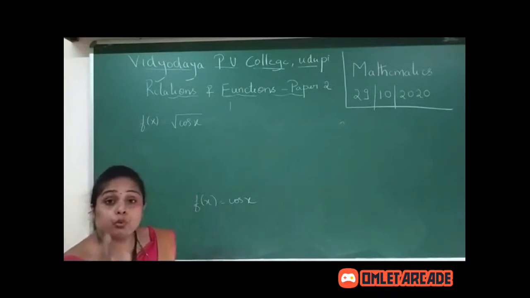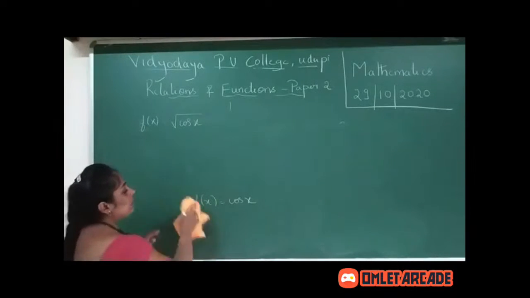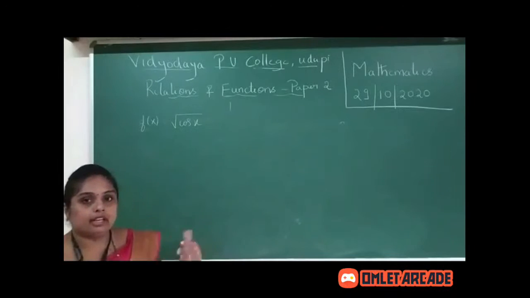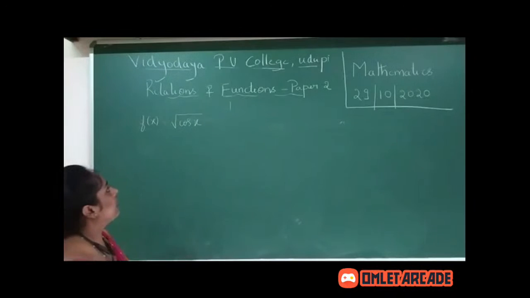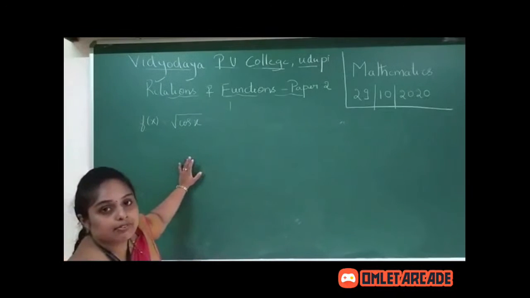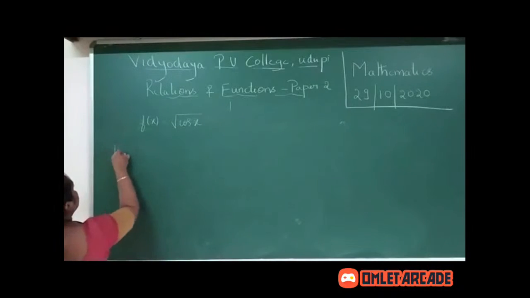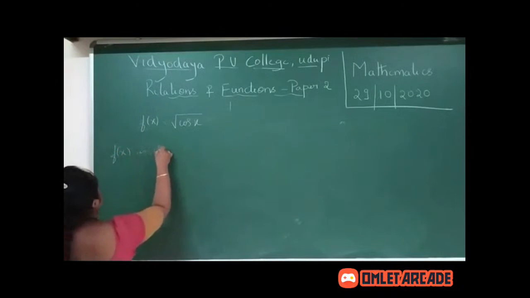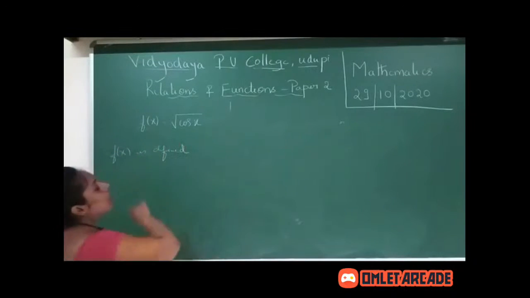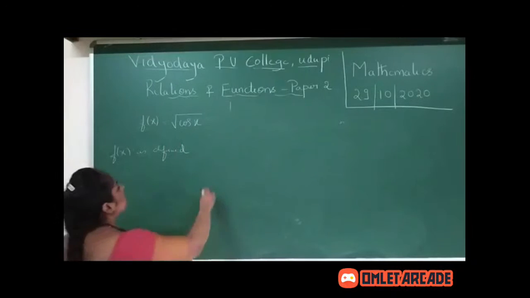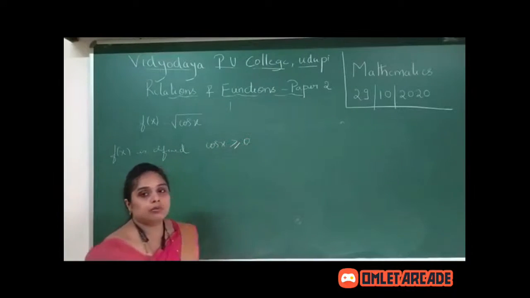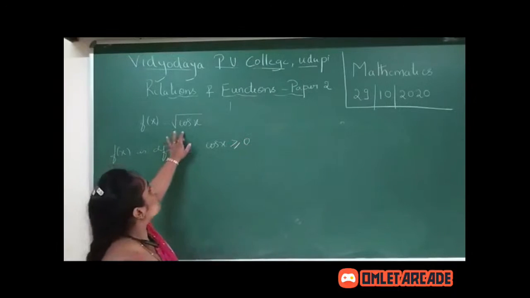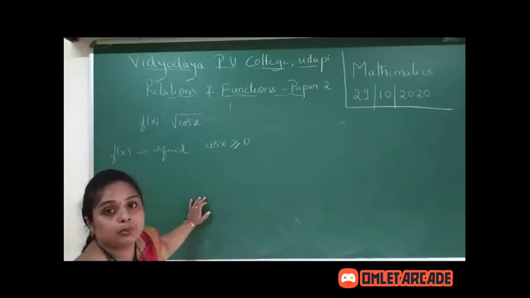But here I have root of cos x. You have done this in theory class, you know. But whenever I have root of cos x, be a little careful. f of x is defined, or f of x is real, only when cos x is greater than or equal to 0. Right? What happens if cos x is negative?